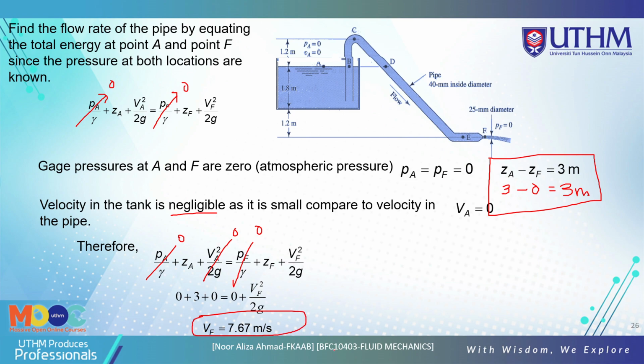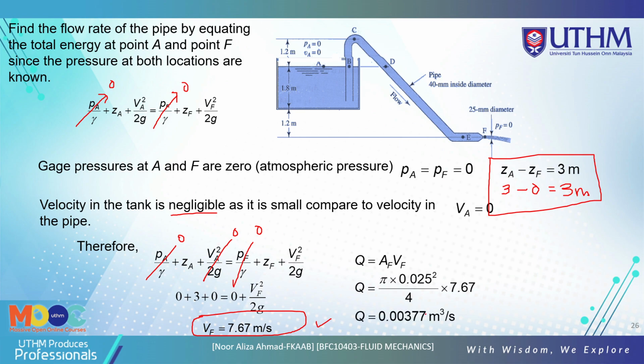Velocity at F is 7.67 meters per second. We know that Q = AV, so the area at F is multiplied by the velocity at F. The diameter at F, the nozzle, is 25 mm, which gives us the area of this nozzle.